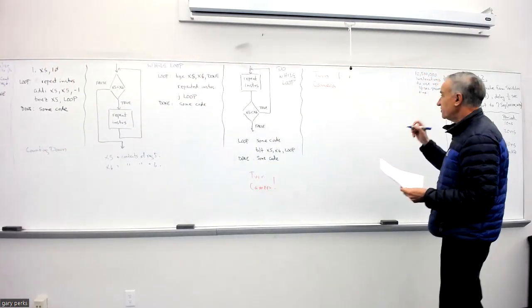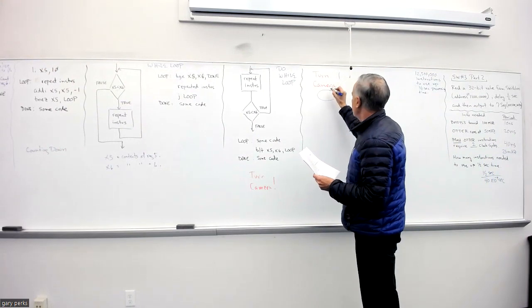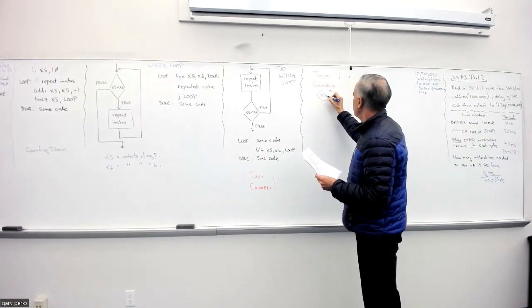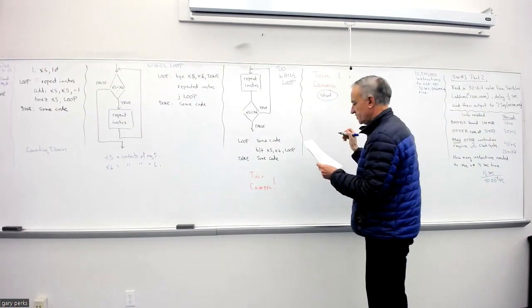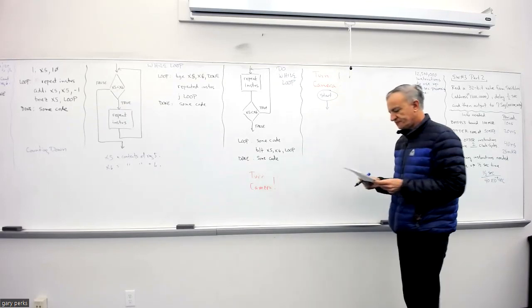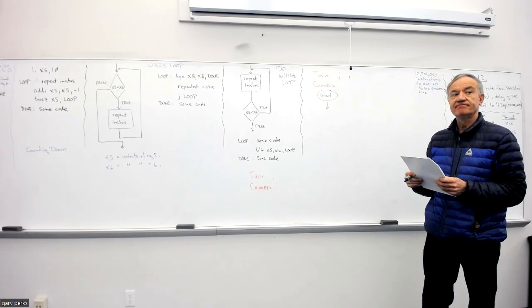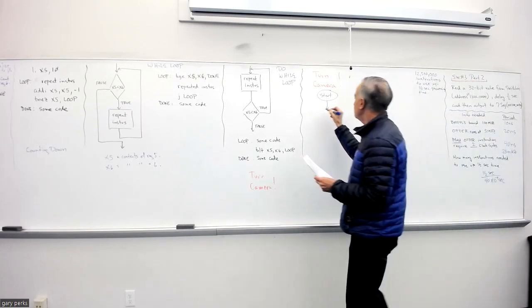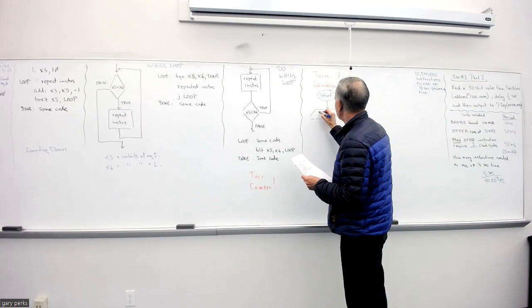Okay, so you could have a flow chart that looks like this where you always have a start. Then what are we going to do first here? Read a value. Yeah, we're going to read from the switches, so that's our parallelogram. So read switches.